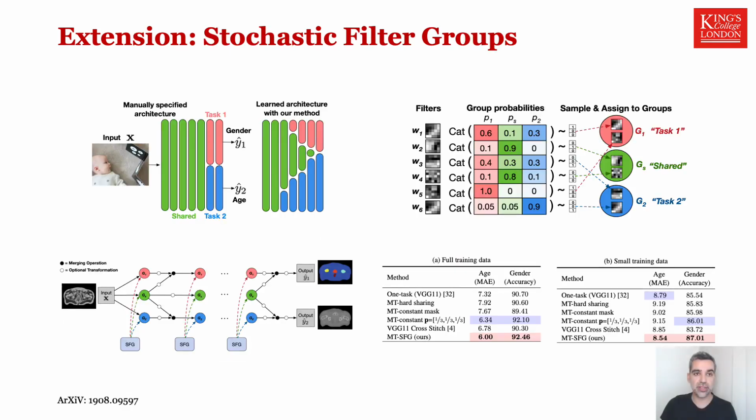Another approach that you could use, which is similar to cross-stitch, is something called stochastic filter groups. If you imagine that you have a network that has a certain number of parameters per layer, another way to think about splitting the network into two, or allocating certain parameters to certain tasks, is to decide, at each one of the layers of a network, which parameters belong to task 1 and which parameters belong to task 2.